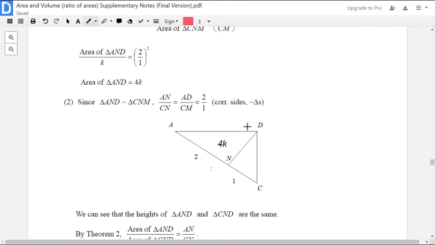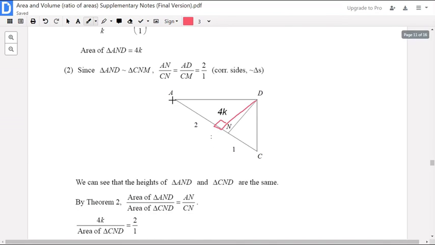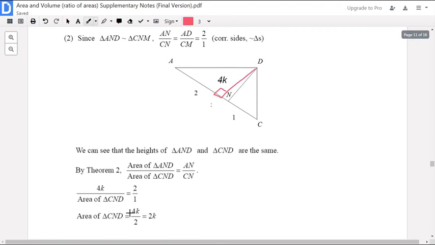Note that these two triangles, ADN and CDN, are not similar, but they have the same height here. Therefore, the ratio of the areas of AND and CND must be the ratio of their bases, 2 to 1.